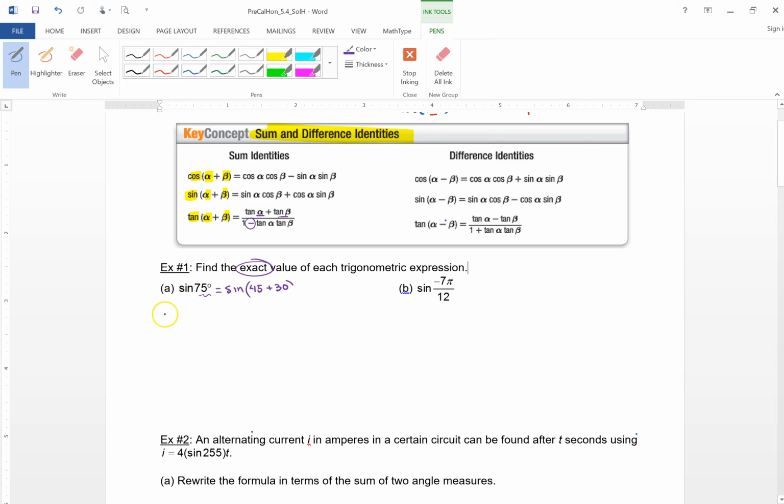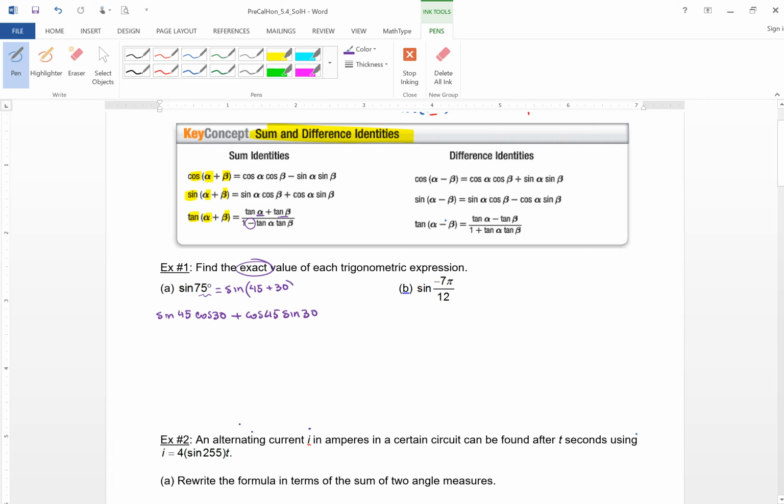So now this is going to be sine, cosine, cosine, sine, right? So sine of the first, cosine of the second, plus, remember, sine preserves the plus and minus. Now it's cosine of the first, sine of the second. So cosine 45, sine 30.